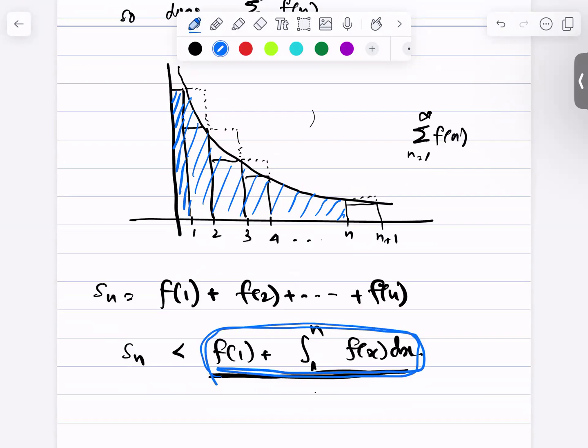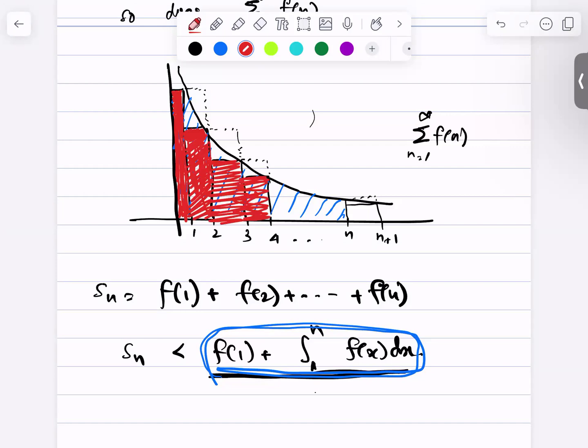But now, on the other hand, what is S_n? S_n is basically the area of this first rectangle, the second rectangle, third rectangle, and so on. All of these rectangles.